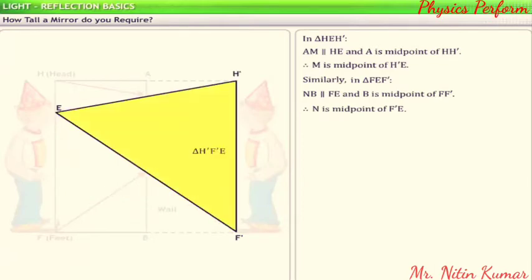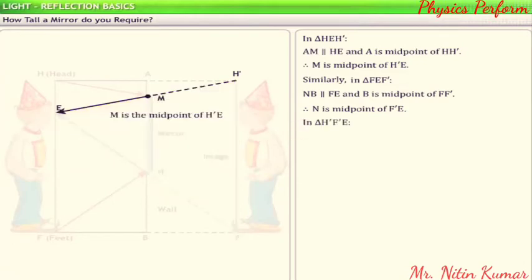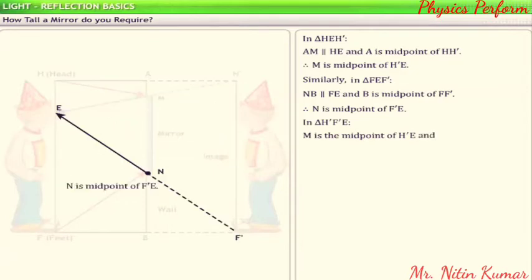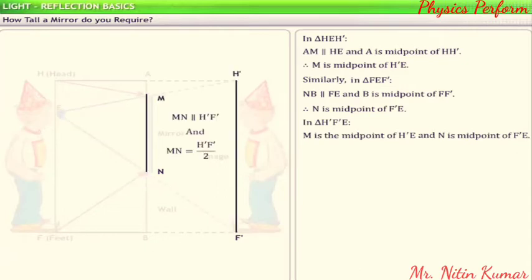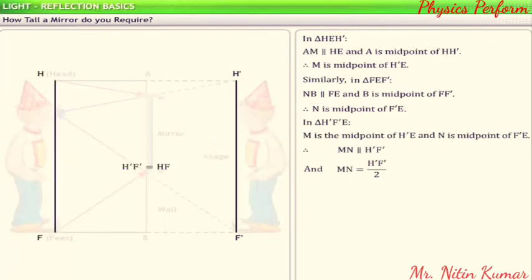Now in triangle H'F'E, M is the midpoint of H'E, and N is the midpoint of F'E. Therefore, MN is parallel to and half of H'F'. But H'F' is equal to HF.